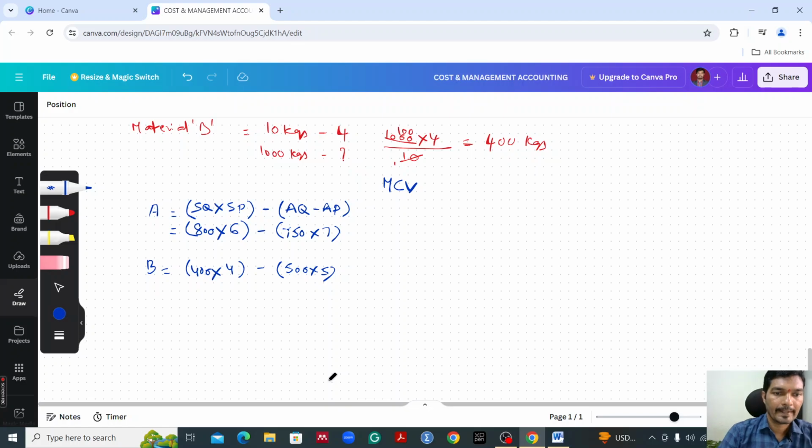Here 4000, because 8 6s are 4800, here 4 4s are 16.